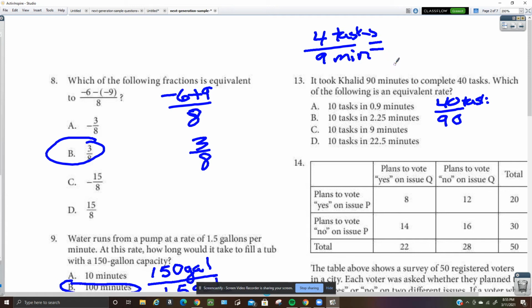So you have to cross multiply and get the same number. Here would be 10 tasks in 22.5 minutes, because if I cross multiply, I get 90 here and 90 there. So let's answer D.